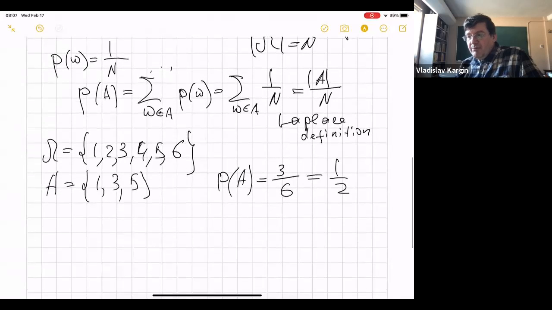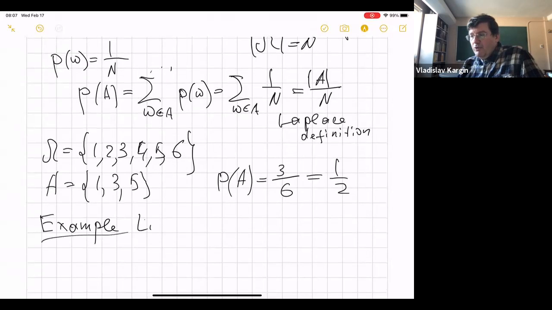Now, to give an alternative example, example 2 will be a loaded die.